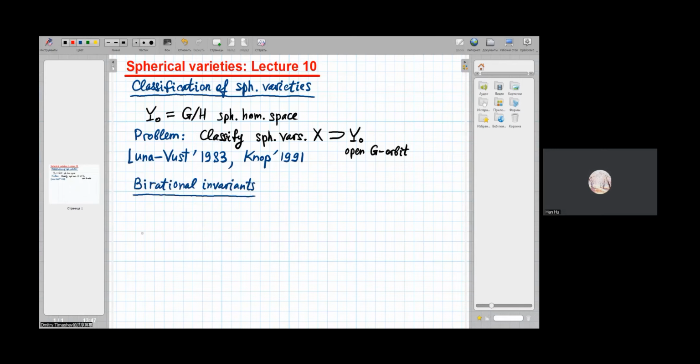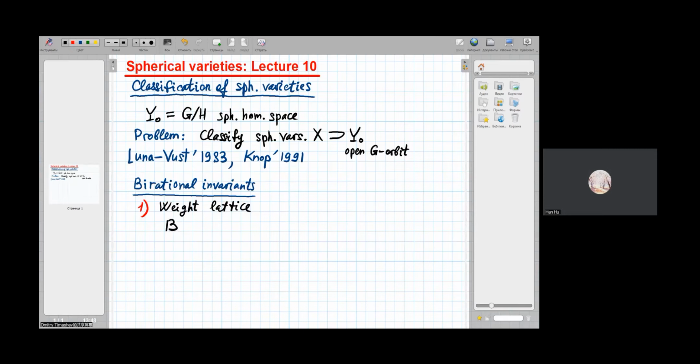So the first one of these invariants will be what is called the weight lattice. What is it? So consider the natural action of the Borel subgroup of G on the function field of X, or which is the same, on the function field of the open orbit, why not?